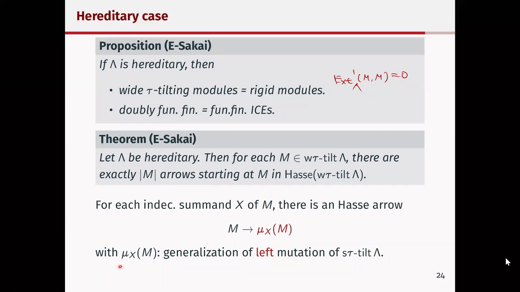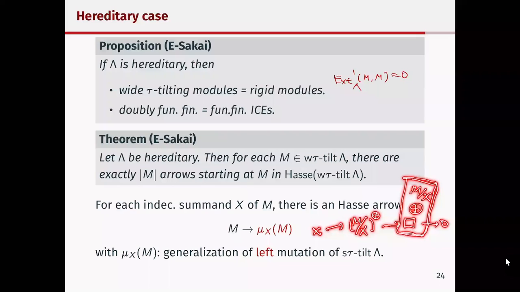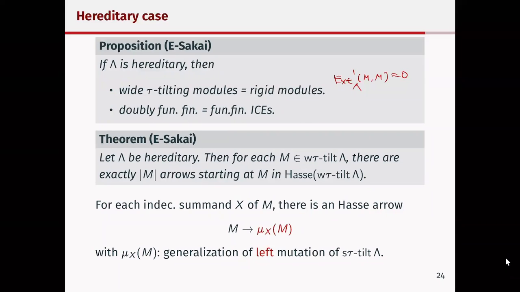The construction is exactly the same as the left mutation. We take the approximation from X to M over X, and then take cokernels. Then mu_X of M is the direct sum of this and M over X. This is the same formula as left mutation of support tau-tilting modules. And so we can show such a property for the hereditary algebra case.